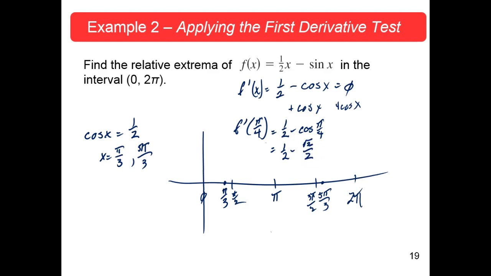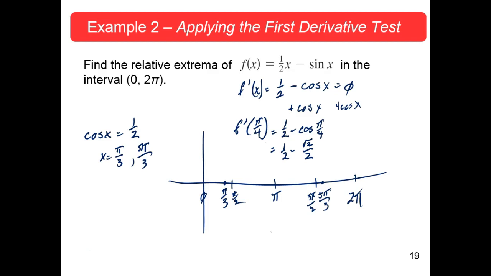Now, we're not really interested in the value, we're interested in the sign. So the question is, which is the larger of these two numbers, 1/2 or root 2 over 2? Well, since they have the same denominators, the question is, which is larger, 1 or root 2? Root 2 is, because root 2 is 1.414.